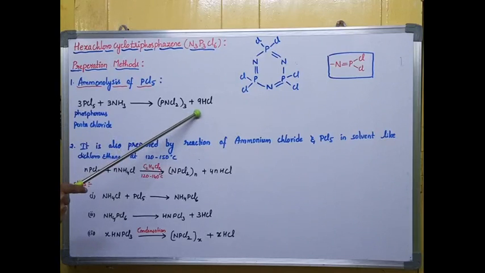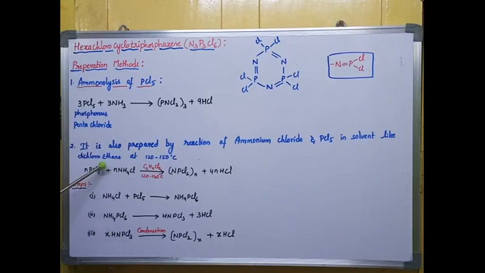And along with this you can observe 9 HCl molecules coming out as a byproduct. Okay, this is the first preparation method where ammonia is reacting with PCl5 and producing the hexachlorocyclotriphosphazene.